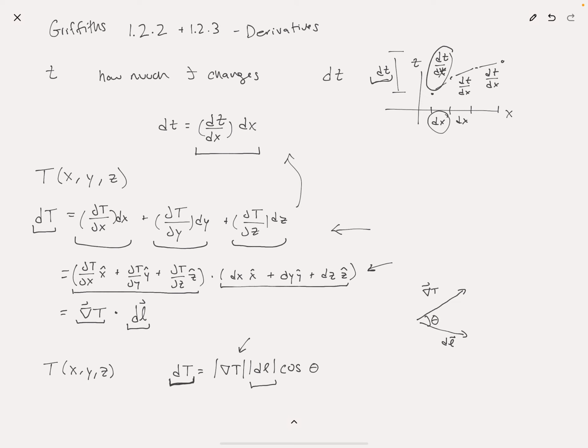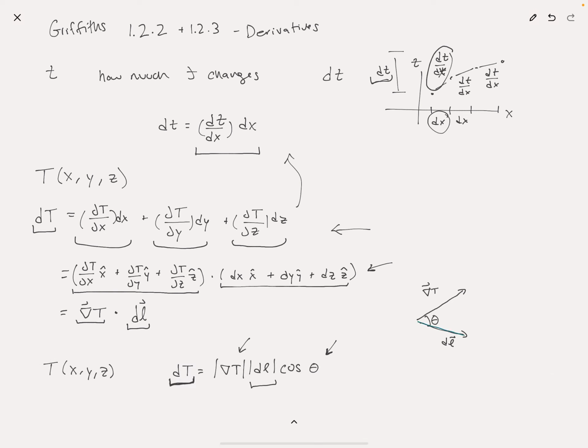Well, the only way to change the value of dT is by changing the relative orientation of my gradient vector and my infinitesimal displacement vector. Okay, what angle of theta maximizes cosine of theta? That's theta of 0.